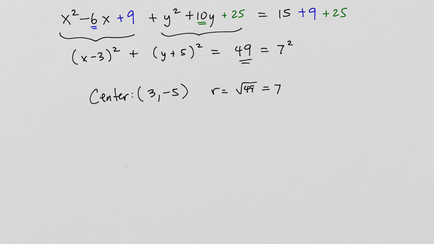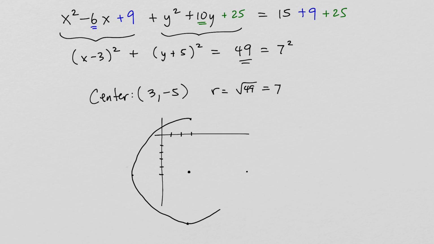Now to sketch a graph, you just graph the center (3, -5), and then use the radius equals 7 to go up 7, down 7, to the right 7, and to the left 7, and then sketch a graph through those points. That's just a rough sketch, and that's all we need.